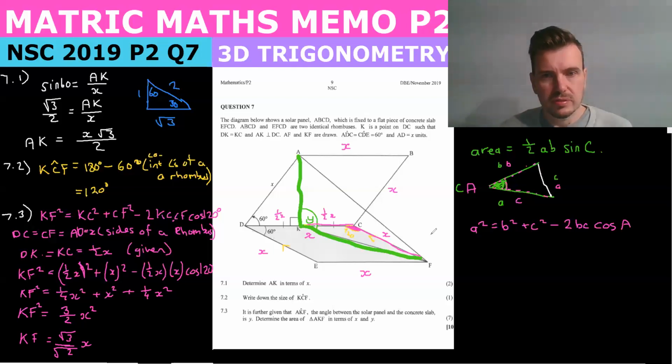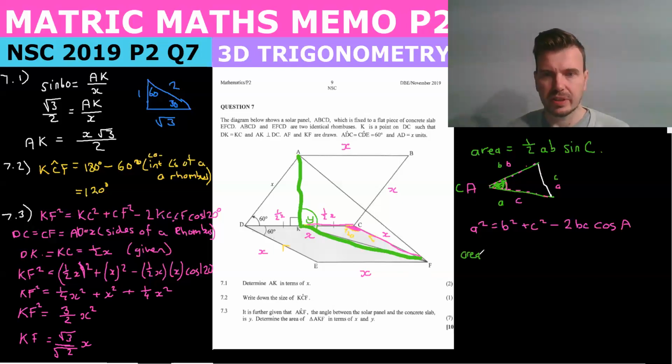Okay, so now we've got the length of KF. We know what AK is because of the previous answer. So now all we need to do is substitute in that for the area rule. So we know the area.